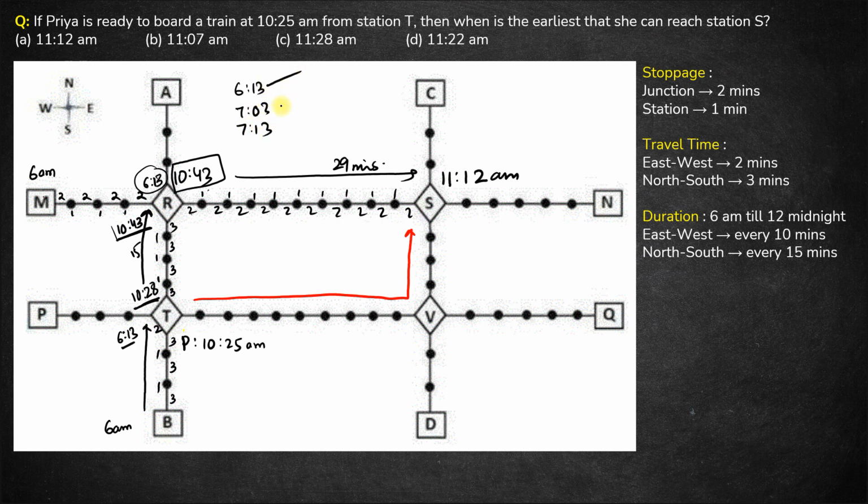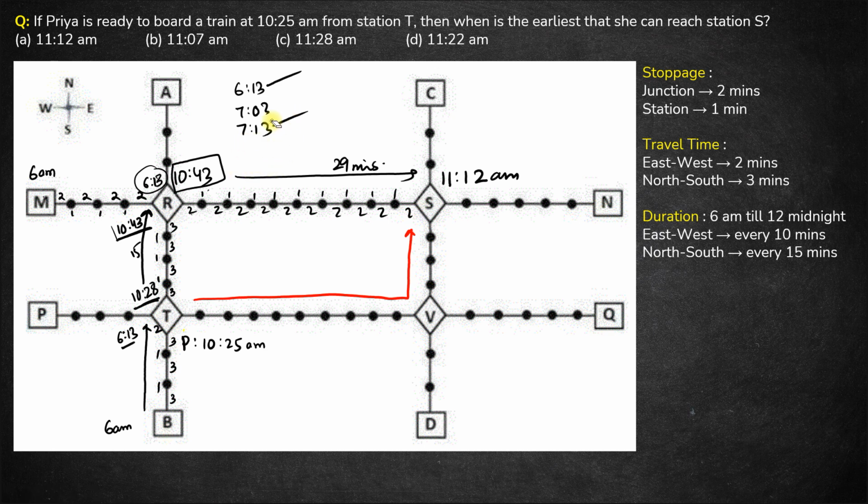So 6:13 is possible, 7:13, then 8:13, 9:13, 10:13. After 10:13 there will be 10:23, 10:33 and then 10:43. There will be a train leaving at 10:33 which Priya obviously cannot board because she reaches at 10:43, but she can board the train leaving at 10:43.